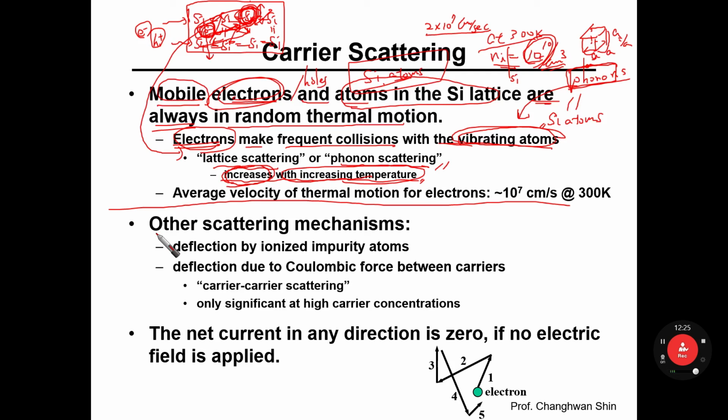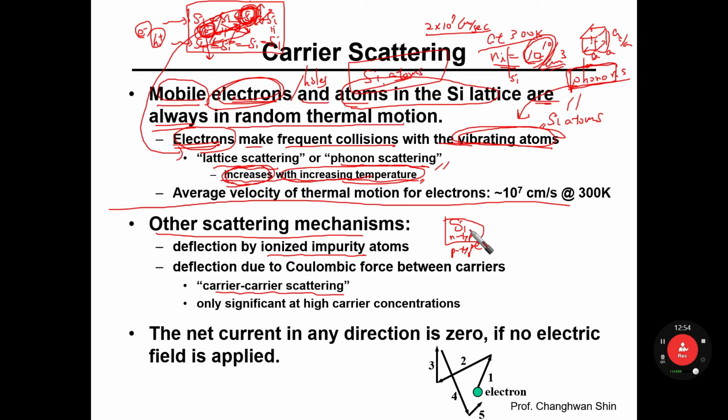Next are the other scattering mechanisms. One of them is ionized impurity scattering, and the last one is carrier-to-carrier scattering. Most likely the silicon material will be doped with n-type dopant atoms, donors, or acceptors, so it will become p-type silicon material.